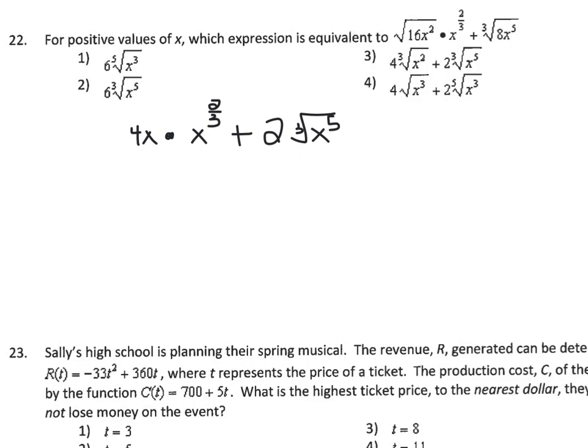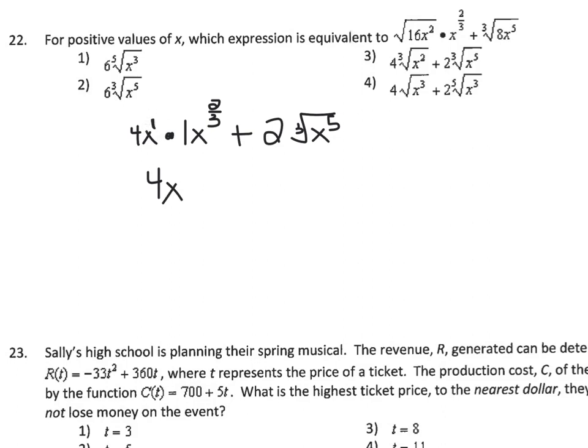So now here we're multiplying two terms that have the same base. So this really says 4x to the first power. You can put that on there if you want. And this really says 1x to the 2/3 power. So what we do is we multiply the numbers in front. 4 times 1 is 4. And we keep the base of x.